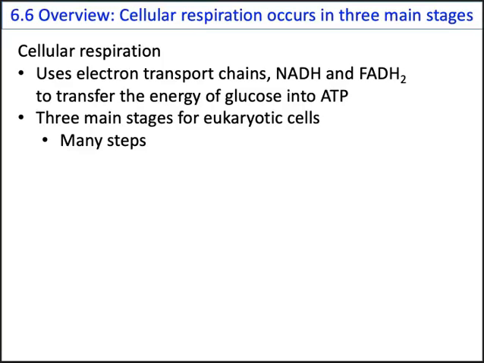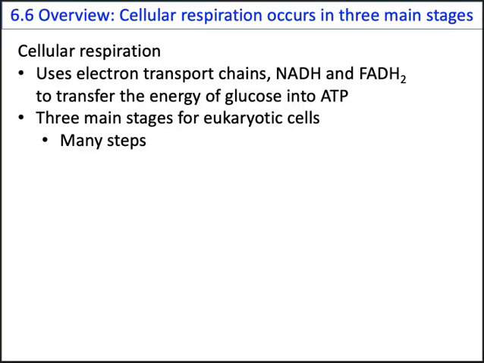But they just drop them off at their location. So they take them from one place, drop them off at another place. And these molecules and the electron transport chains help to transfer the energy of glucose carried by those high energy electrons into the chemical ATP, the organic molecule ATP.